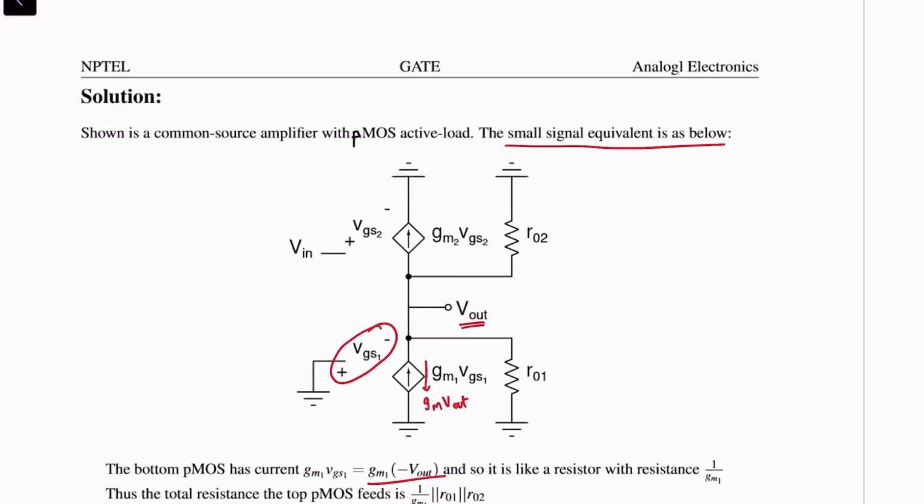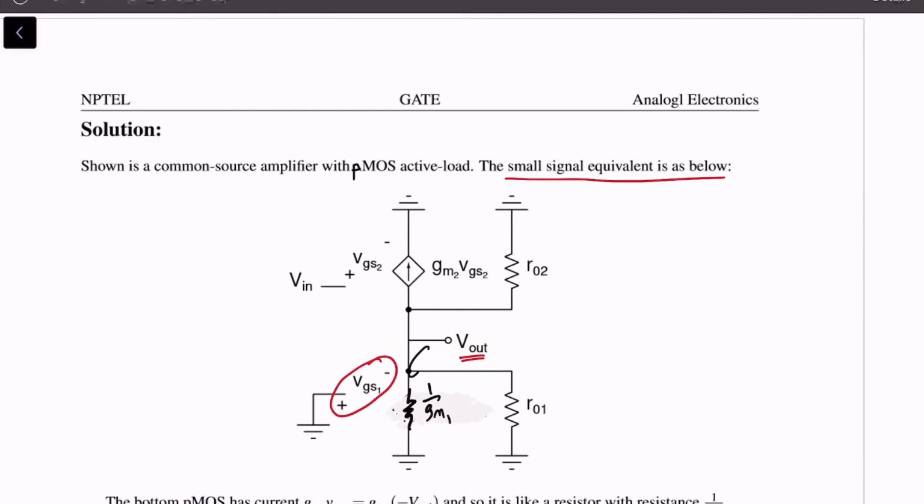So it is just a resistor with resistance 1 by gm1. Thus the total resistance, you can replace this whole thing by a resistor whose value is 1 by gm1.